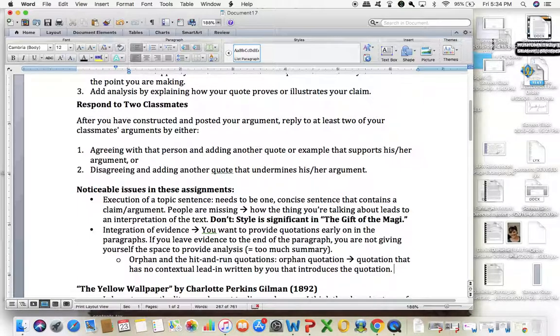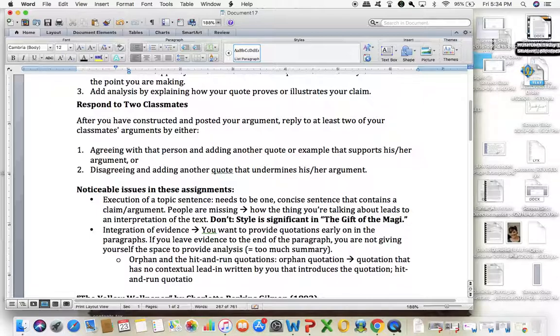And then the hit and run quotations. These orphan quotations can be hit and run quotations, but hit and run quotations aren't necessarily orphan quotations, or aren't all the time.